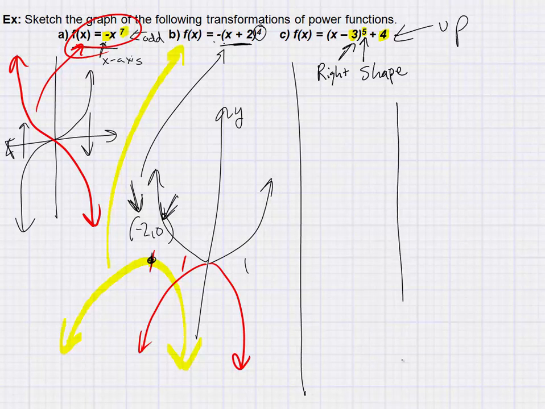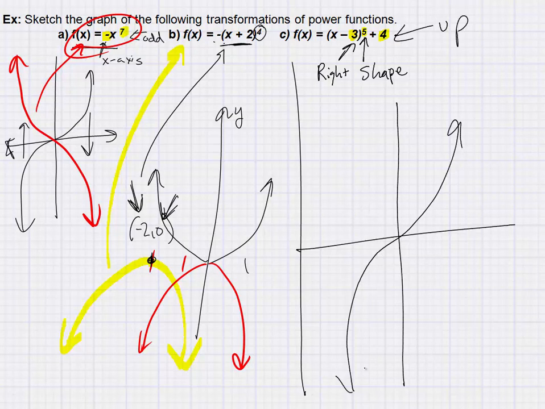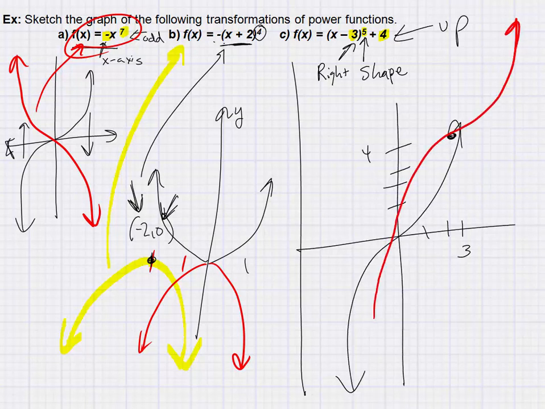So I do my odd shape, which is this. I'm going to move it right 3 and up 4. So I'm now located here. So if I draw my graph, it should be my odd shape through that point right there. And check it.